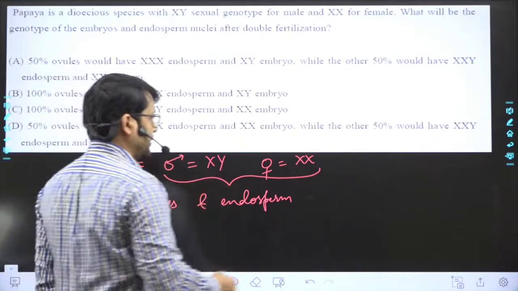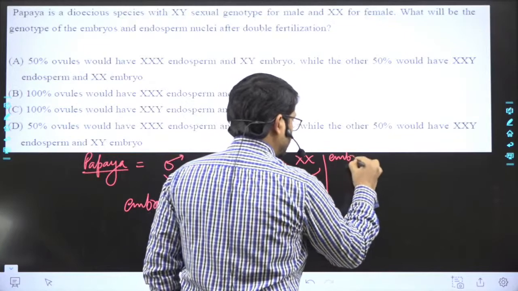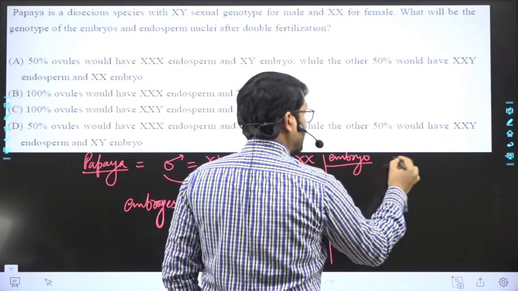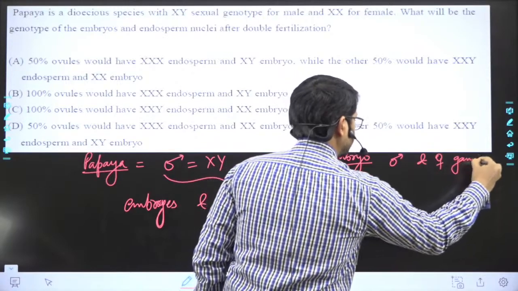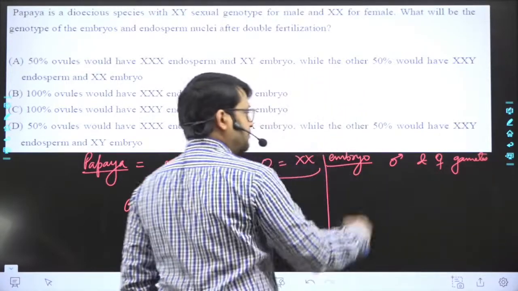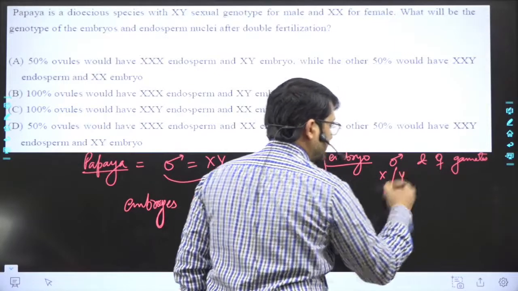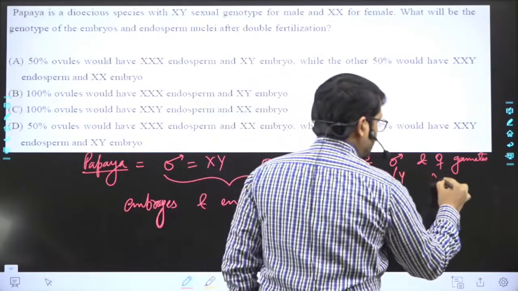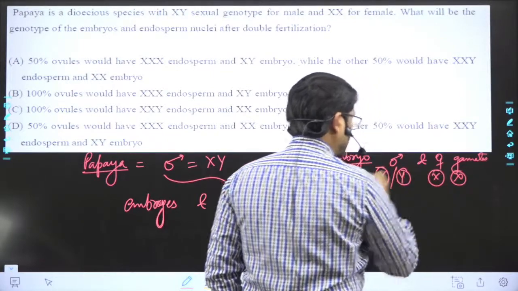Let us see. देखते हैं हम लोग. देखो. Embryo किससे बनता है? By the fusion of male and female gametes. अब male gamete होगा तो it could be either having X or it could have Y. अगर female gamete है तो दोनों क्या होगा? XX. इसमें कोई डाउट नहीं है.